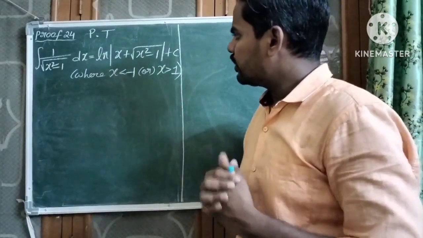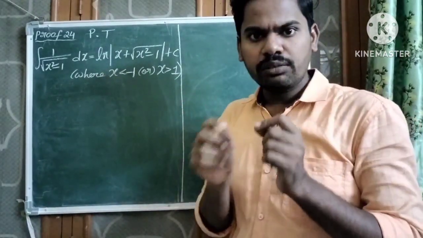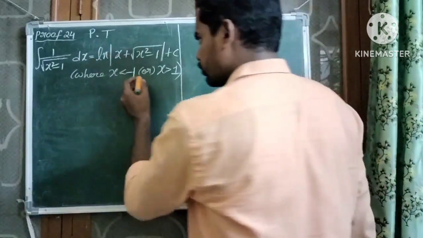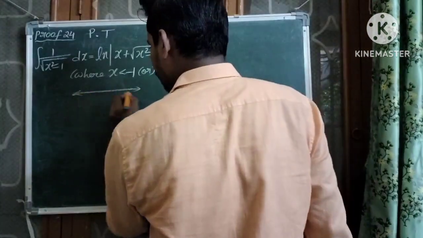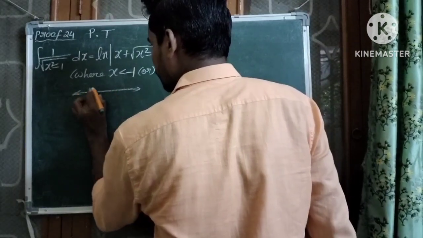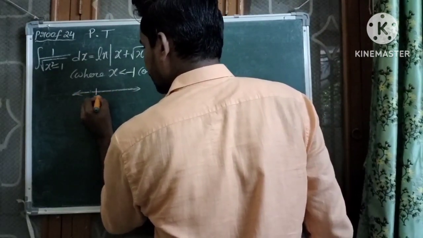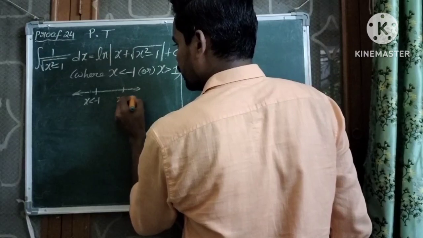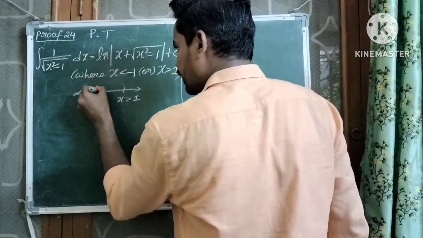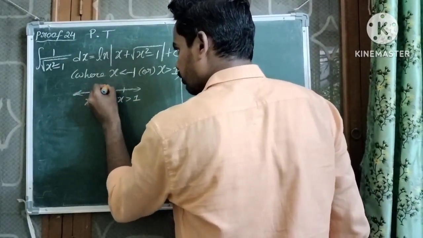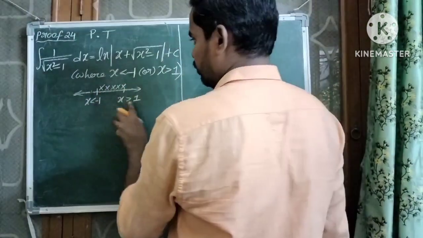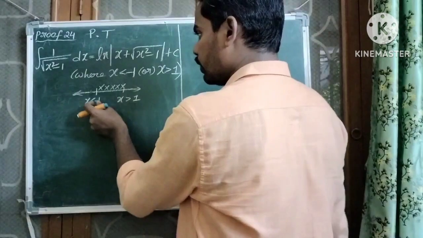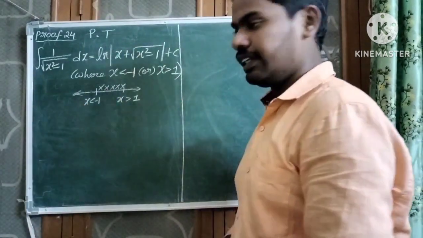Why do we not include the values in between minus 1 and 1? Here it is clearly given that the x value must be either less than minus 1 or more than plus 1. So we cannot include values in between minus 1 and plus 1, including minus 1 and plus 1.